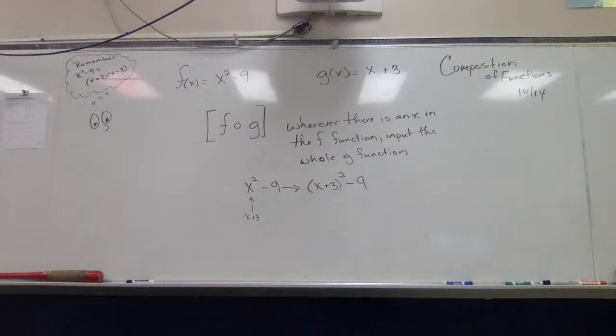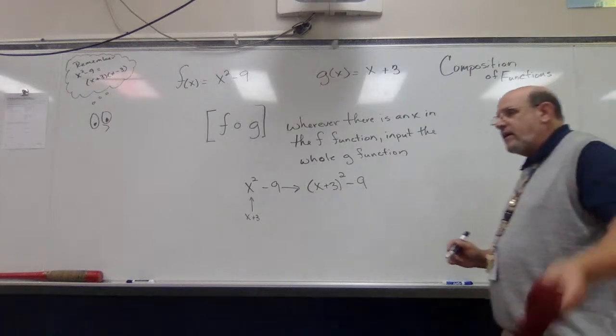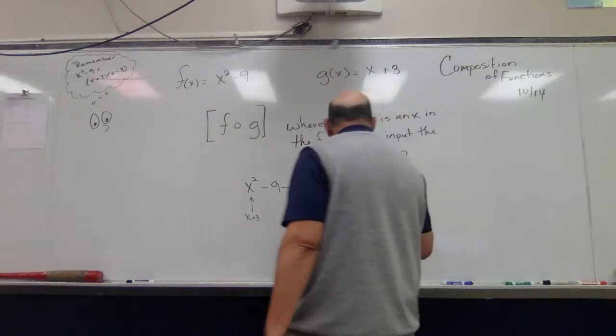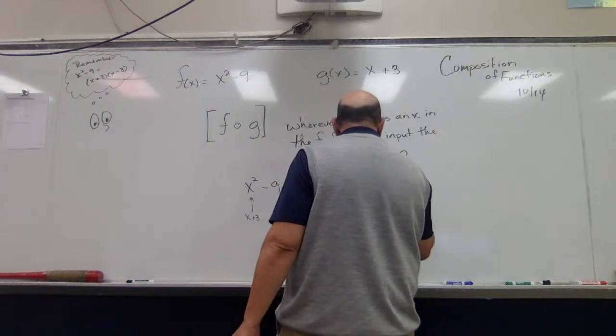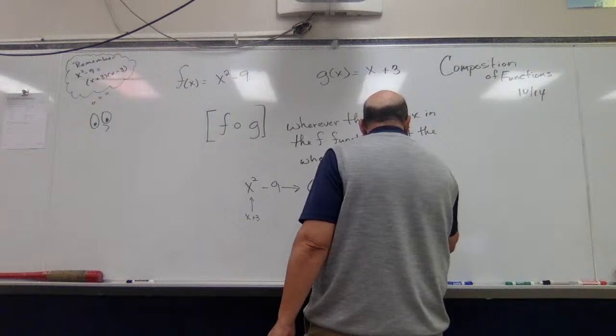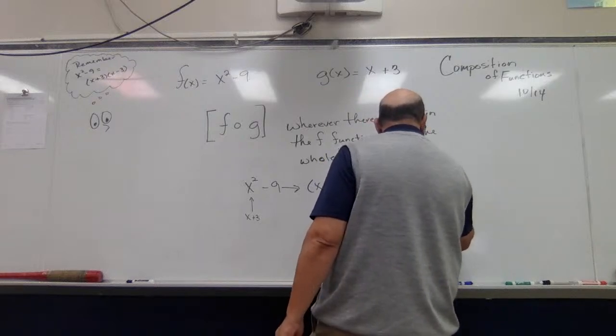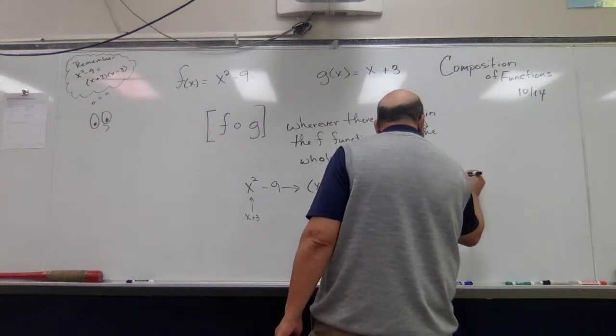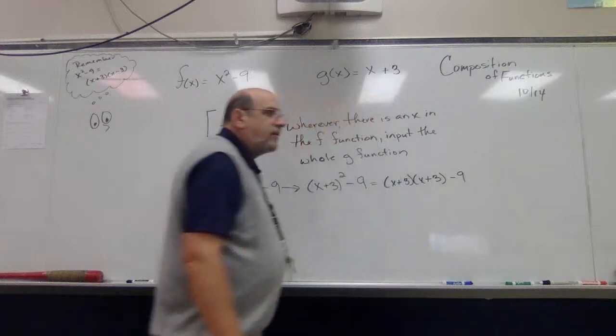So then we have to FOIL it, right? x plus 3 times x plus 3, yeah? And so that then becomes x plus 3 times x plus 3, and then minus 9, right?